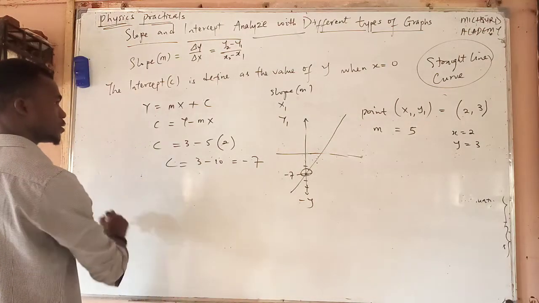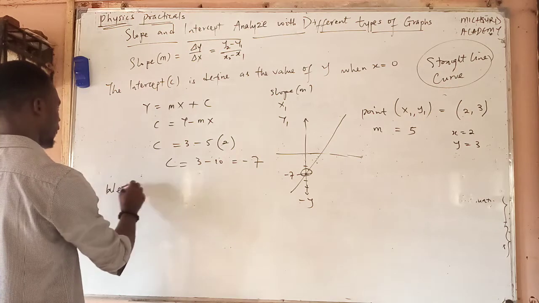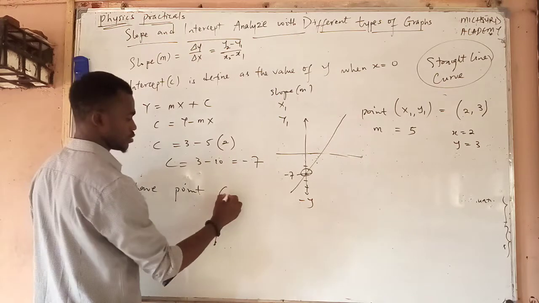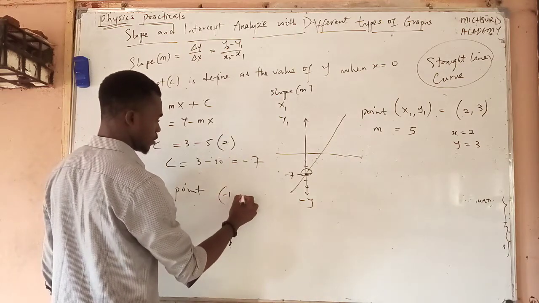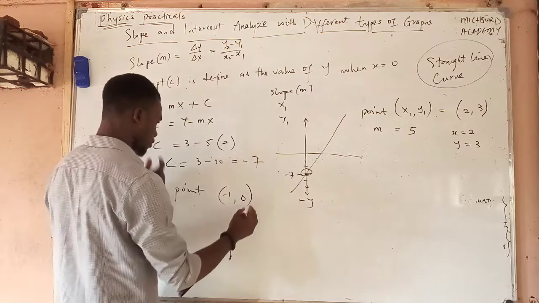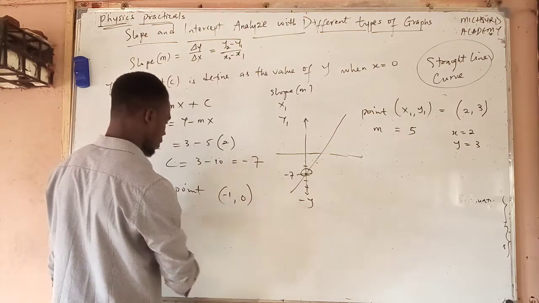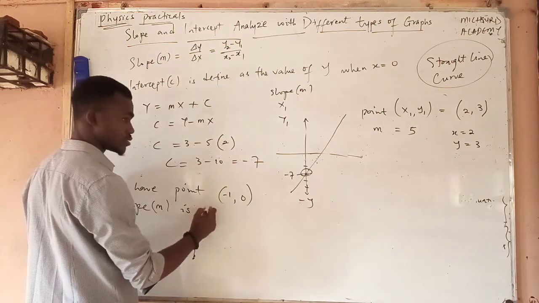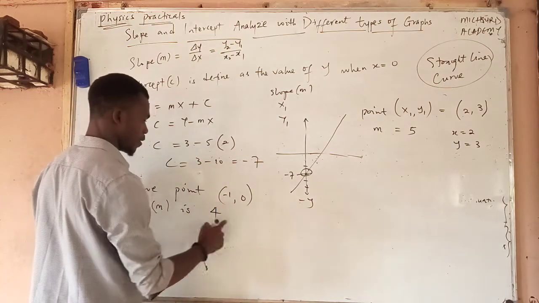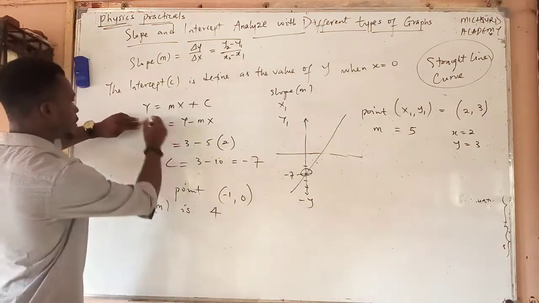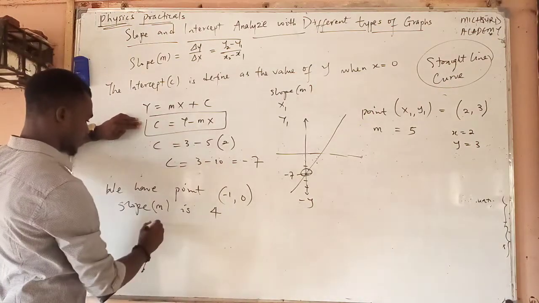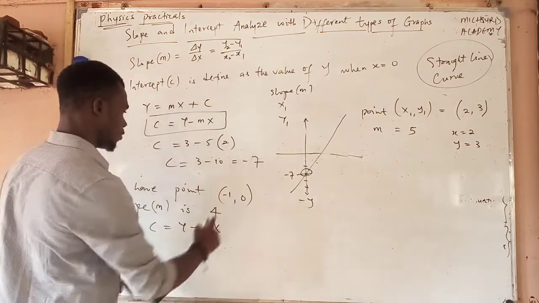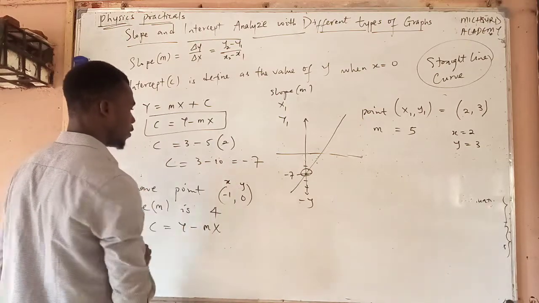Maybe I have a point, let's say we have the point minus 1, 0, and our slope is giving us 4. Okay, so if we consider this equation here, we have that c is going to be y minus mx, right? So this is our x and this is our y.